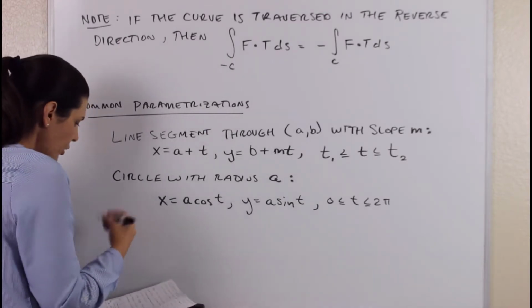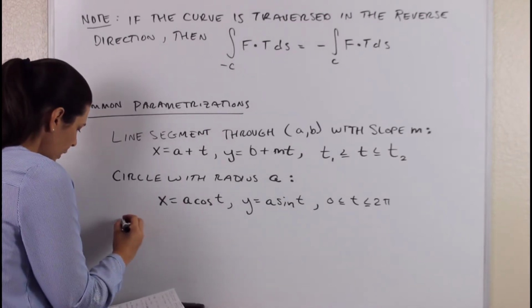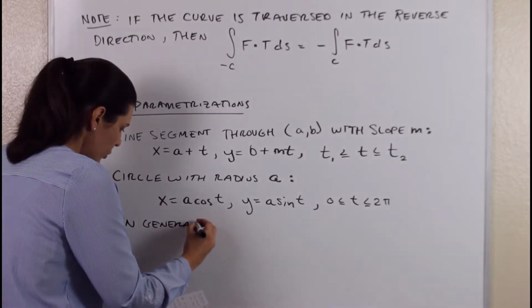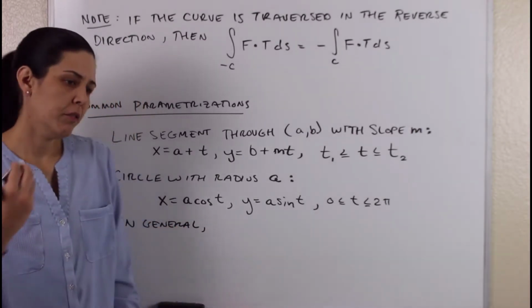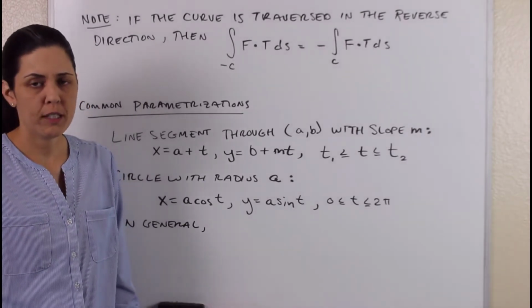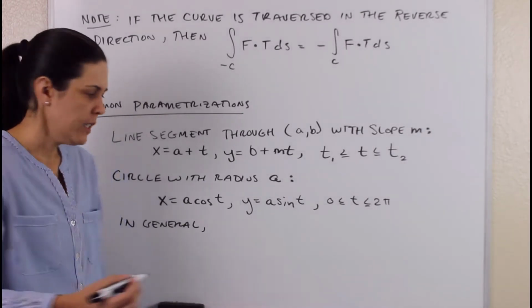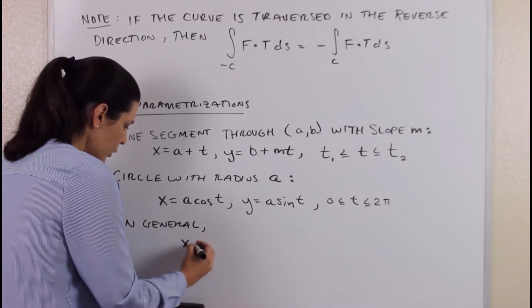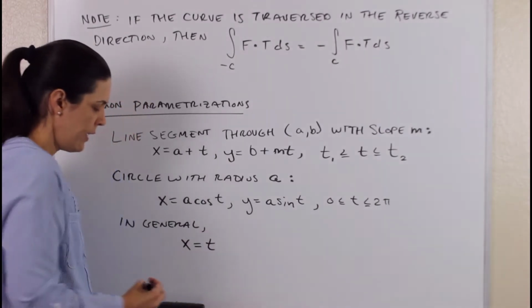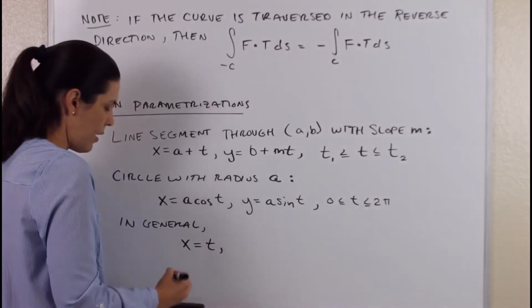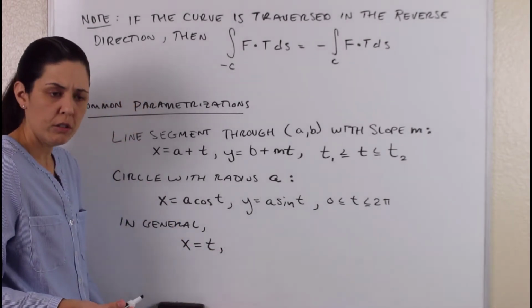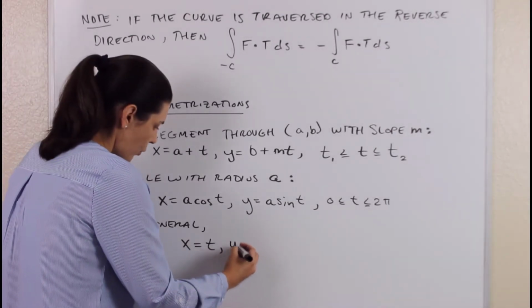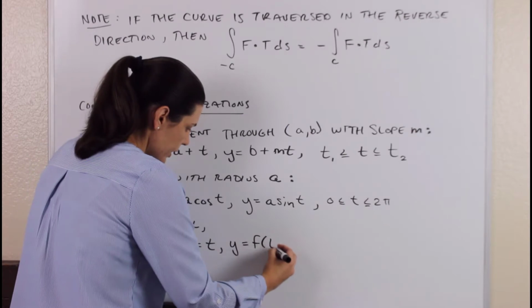And then in general, this is the natural parameterization. If you're not sure how to parameterize a curve, you can always try this. You can always just let x equal your parameter t, and if you know some function describing your path that's just not parameterized with t, you could say that y equals f of t.